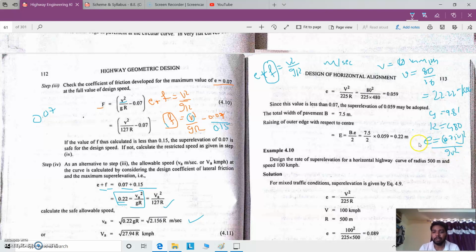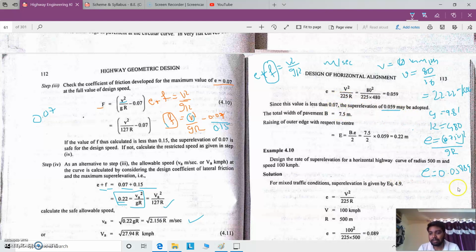Once you calculate, you will get the value of E as 0.75 into 22.22 whole square divided by 9.81 into 480, that is 0.75 V whole square by gR. Once you substitute here, you will get 0.0589, like this.